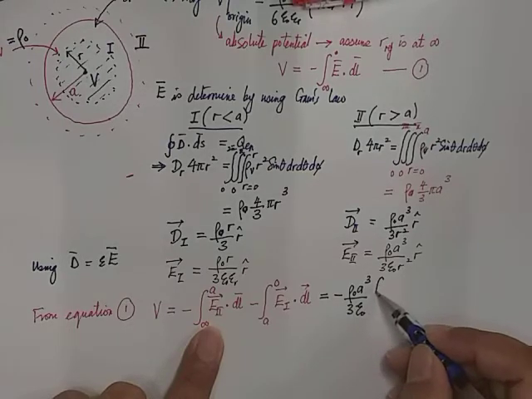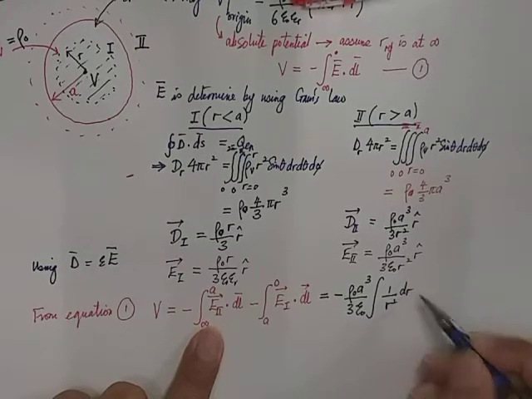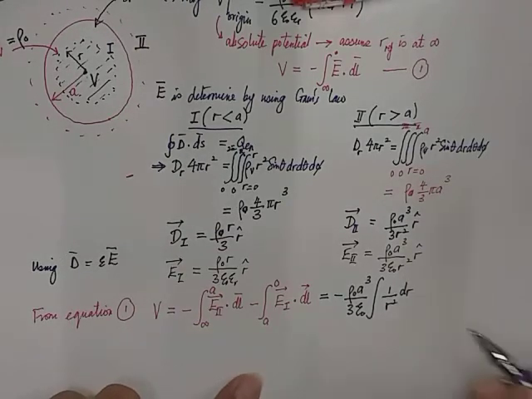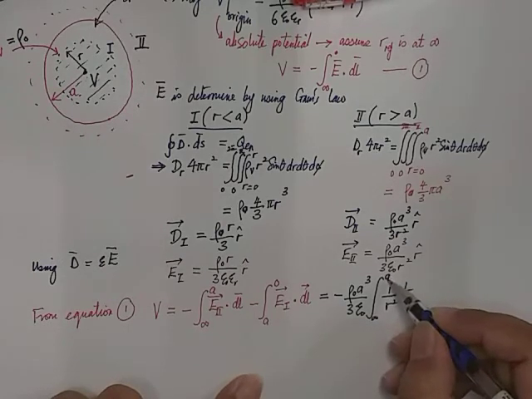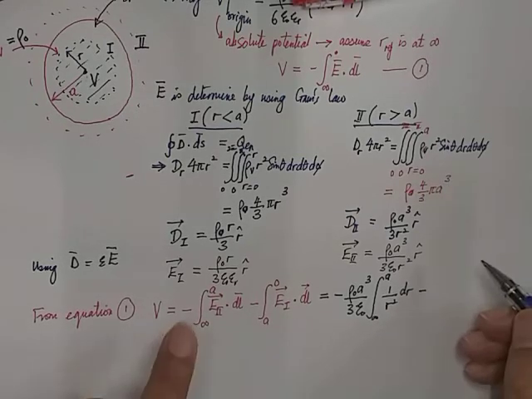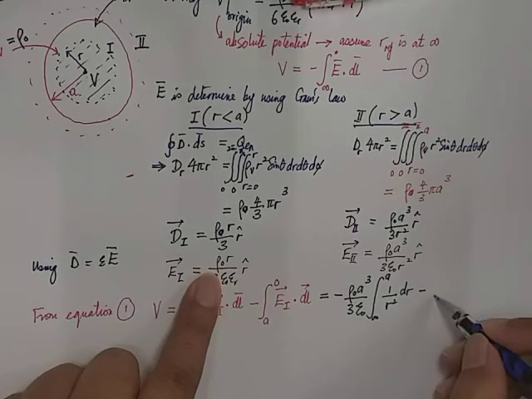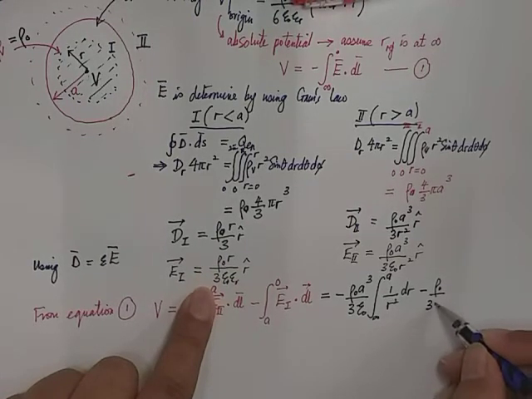I'm going to integrate 1 over r square dr, with limits from infinity to A. Then I continue, minus E1, which is rho naught over 3 epsilon naught epsilon r.